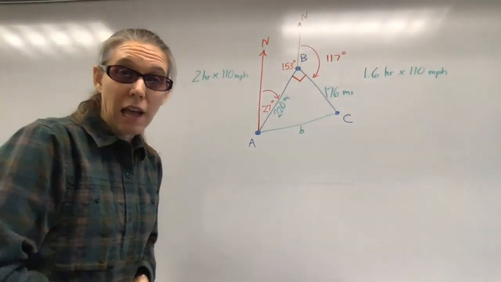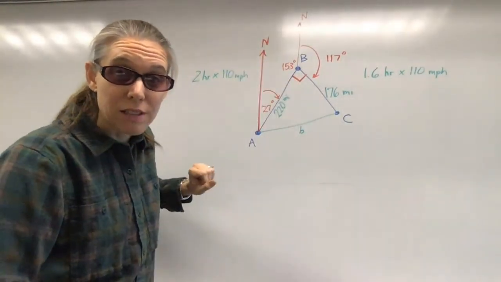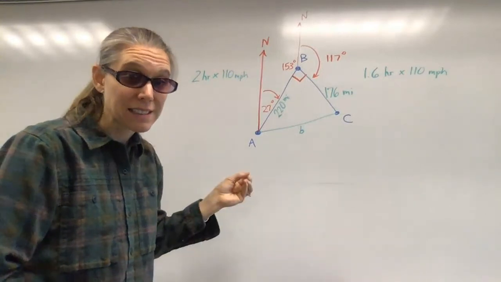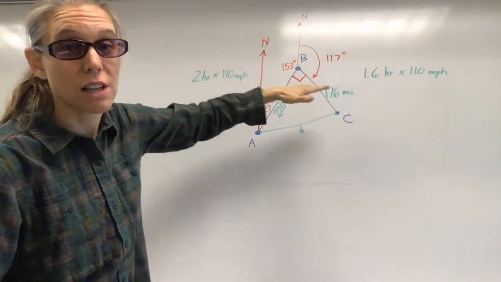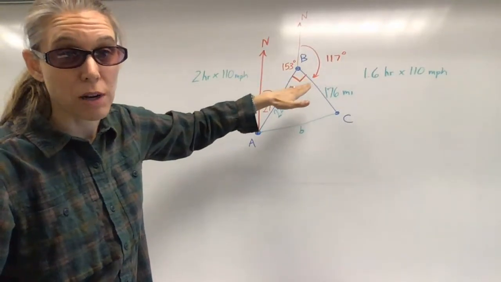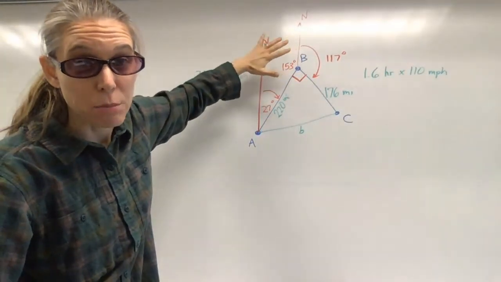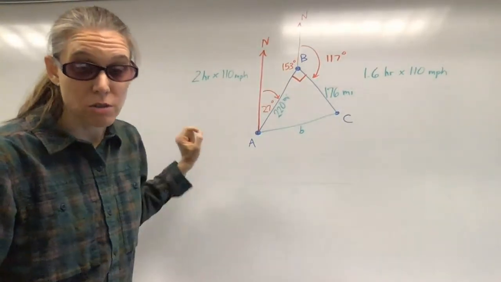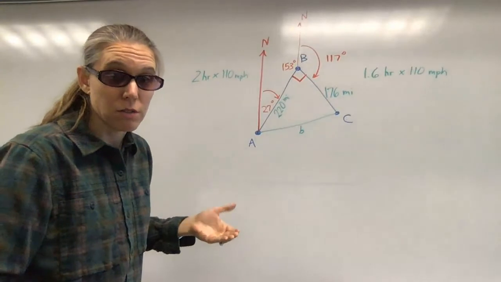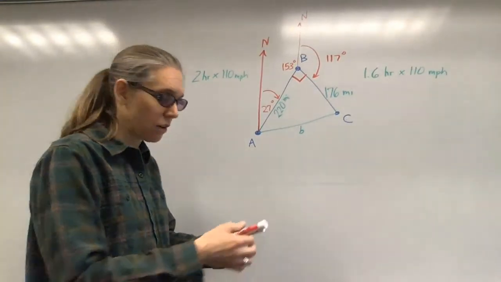Make sure your diagram includes this kind of labeling so that I know you're not just guessing that this is a right angle, but that you deduced for yourself that you do in fact have a right angle based off the label right here. Okay, so now that I know I have a right triangle, I'm going to use the Pythagorean theorem to figure out what B is.